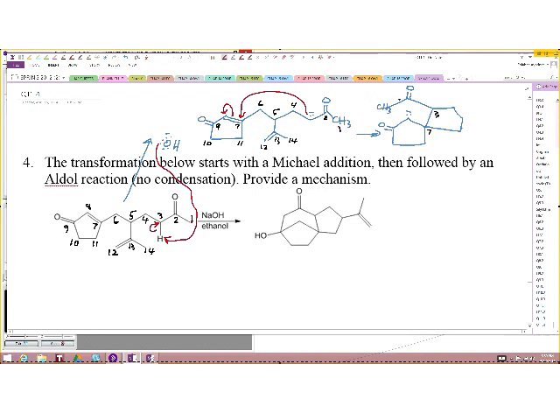Number this: these are carbon 1, carbon 2, 3, 4, this is 5, this is 6, 7, 8, 9, 10, 11, and of course right here on carbon 5, this becomes our 12, 13, and 14. Now we form the enolate on this carbon here as a result of the Michael addition. Now what is going to happen next?